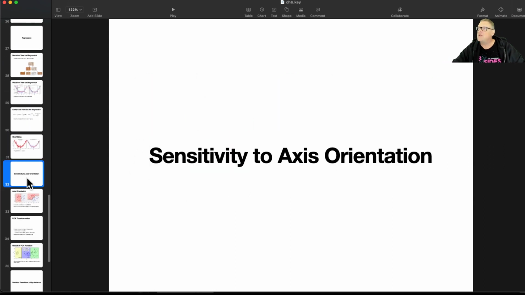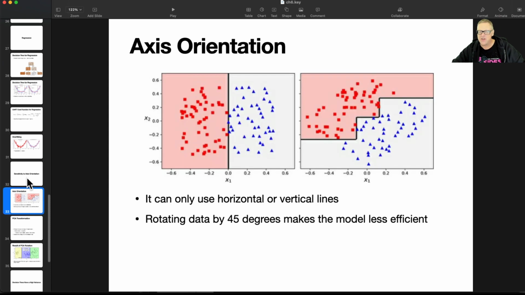Another thing that is special to this model that you wouldn't see in any of the other models we talked about is it's sensitive to axis orientation. So here, if you have all the reds on the left and all the blues on the right, it can sort that. But if you just rotate it by 45 degrees, now it can't, because it can't draw a diagonal line. So if you rotate the data, now it's going to take more decisions to get there with this approximate horizontal thing.